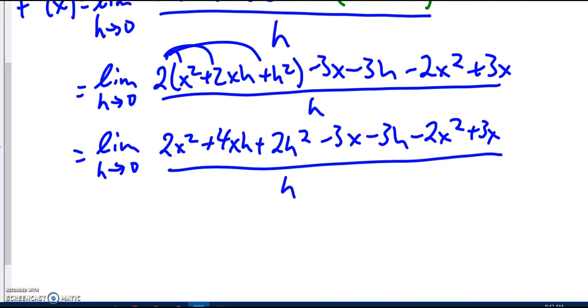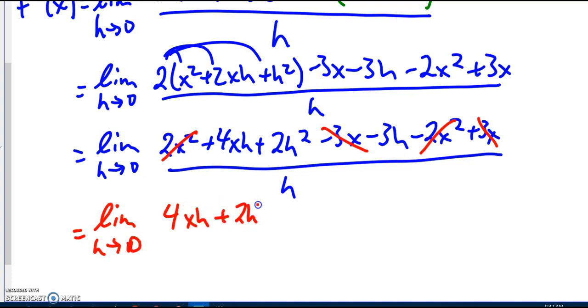And now let's see what starts canceling. Okay, so like terms, 2x squareds cancel out, 3x's cancel out. So then we get the limit as h approaches 0 of 4xh plus 2h squared minus 3h all over h.